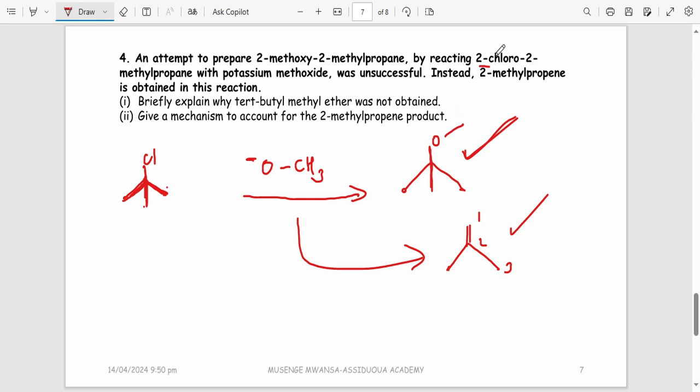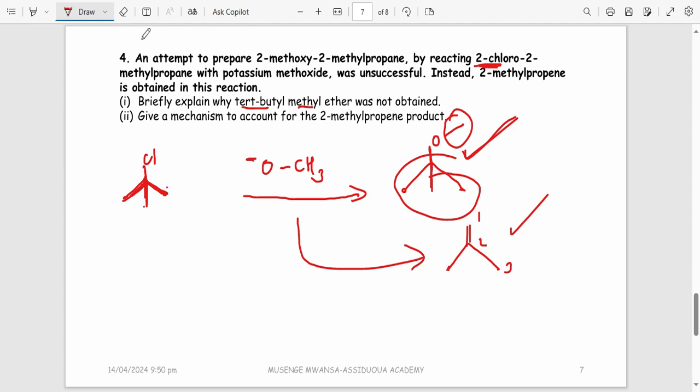This is the other name for this compound. When you talk about the nomenclature of ethers, when you are naming them, basically just name what is attached to the oxygen. You have a methyl and a tert-butyl, so you can say tert-butyl methyl and then put ether at the end. Another way you name ethers is to name the groups according to alphabet.